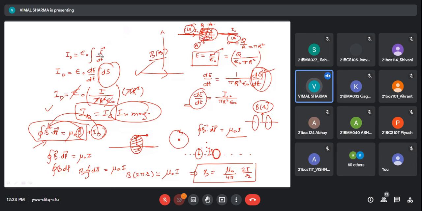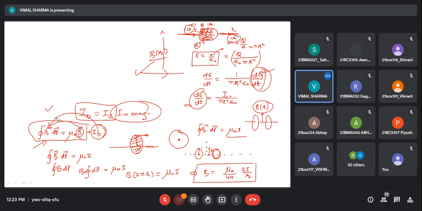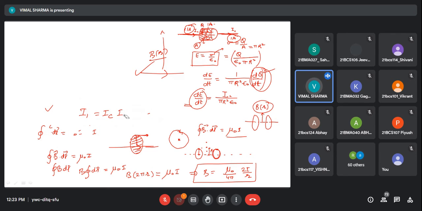So I'm interested in knowing how this magnetic field due to displacement current varies as I move away from the center of the capacitor plates. For that, let me apply this again. Let me see that variation and how it is different from this, to give you a little idea of what displacement current is.